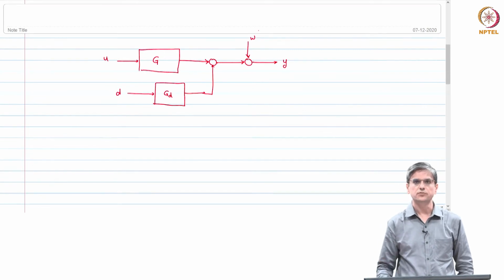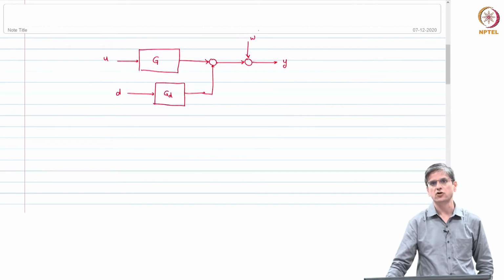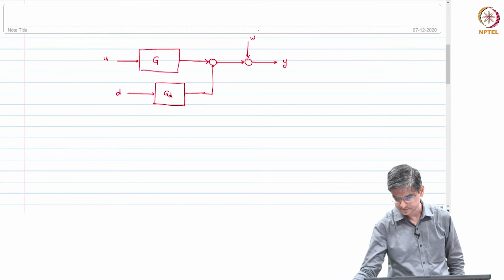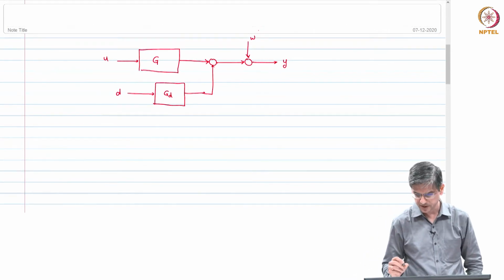One of the assignment problems that you guys did, and this is for the 2020 batch, was an example of the error between model and plant.